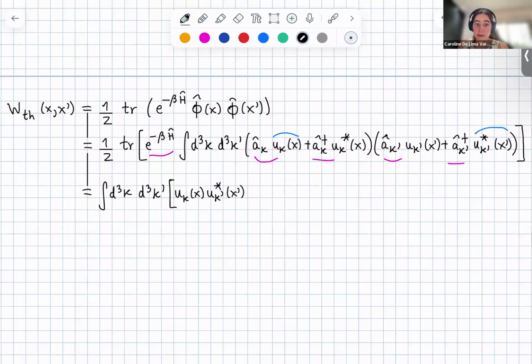So this term came with what? Came with 1 over Z of the trace of, oh, I forgot the e to the minus beta H, of e to the minus beta H of a_k times a_k' dagger, right?